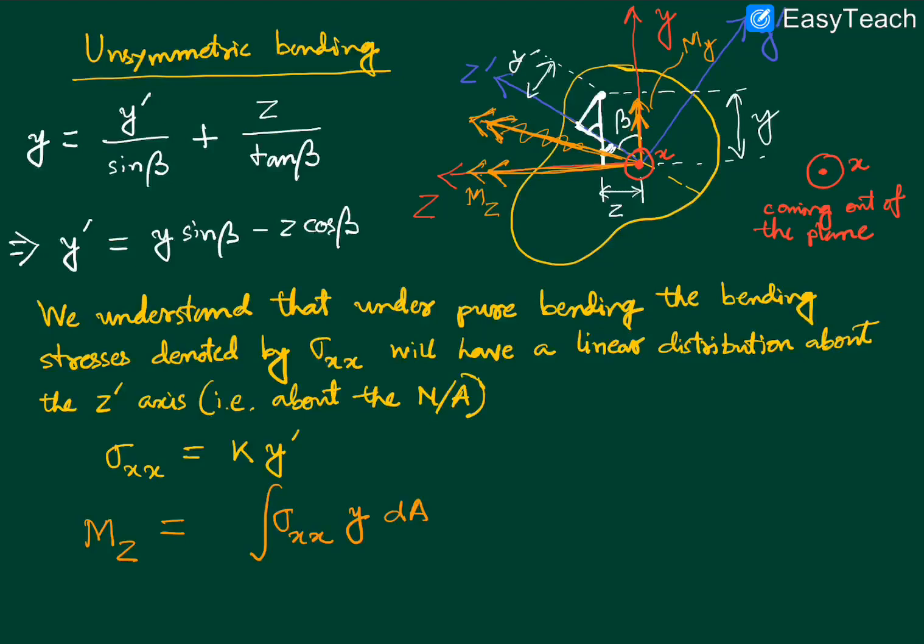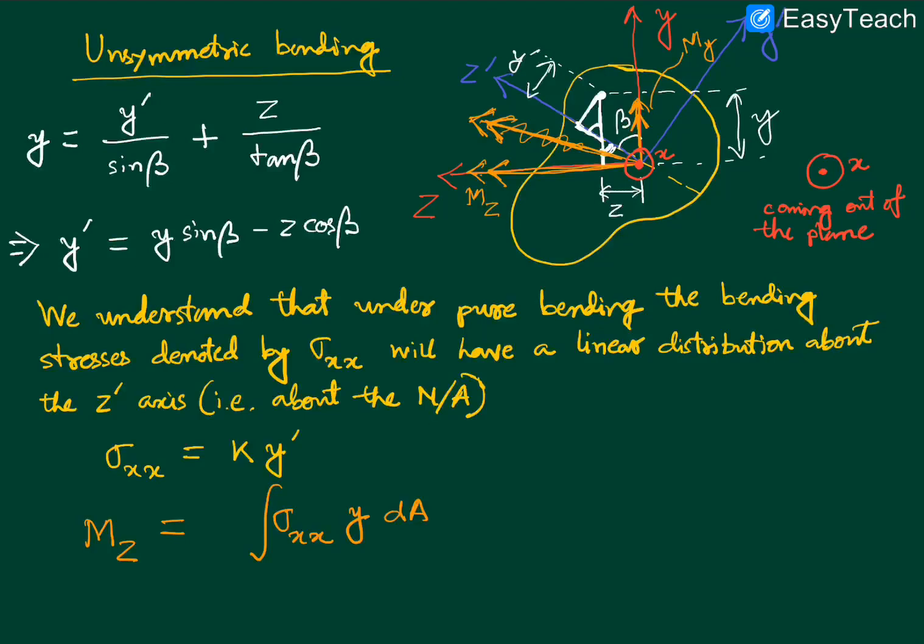Now, if I consider an arrow representing the sigma xx, which is anywhere on this cross section, and I take the moment using the y moment arm, then, and this is the part where I really miss teaching live in class, because I wish I was able to show it using my hand and my fingers, by curling it in the proper way, but we'll try to make the best of what we have.